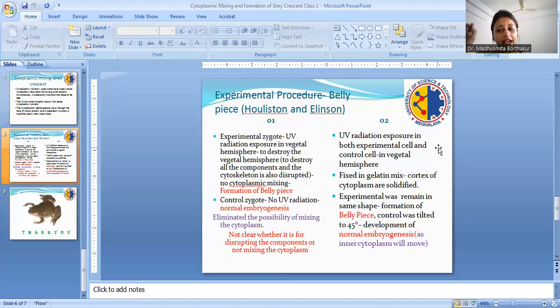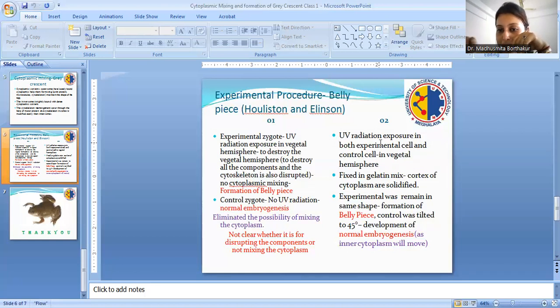From there they confirmed that proper embryogenesis takes place not only because of the morphogenetic gradient or the morphogenetic component, but because of the mixing of the cytoplasm. Because they had already given UV radiation to both the control and the experimental cell.